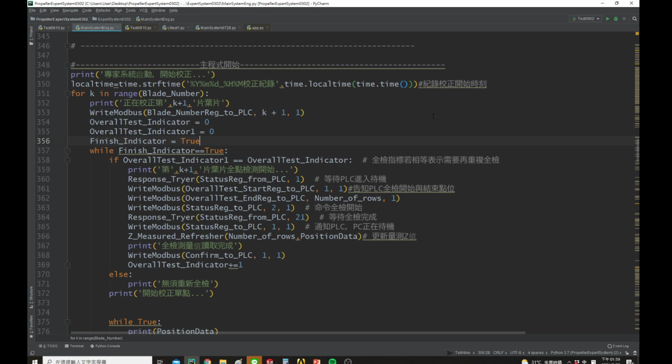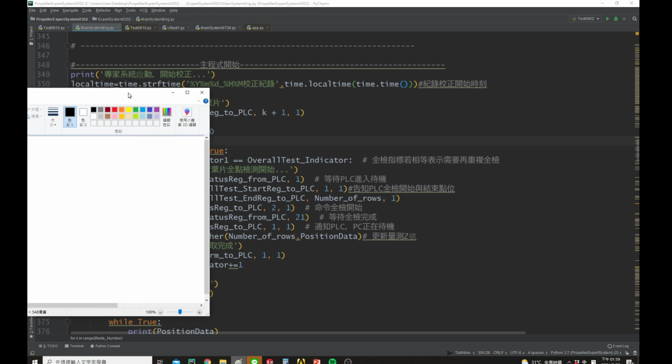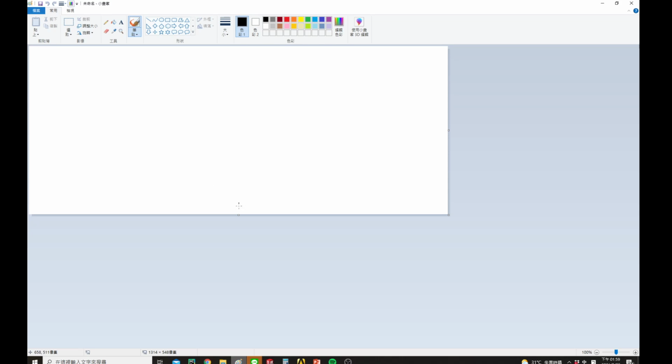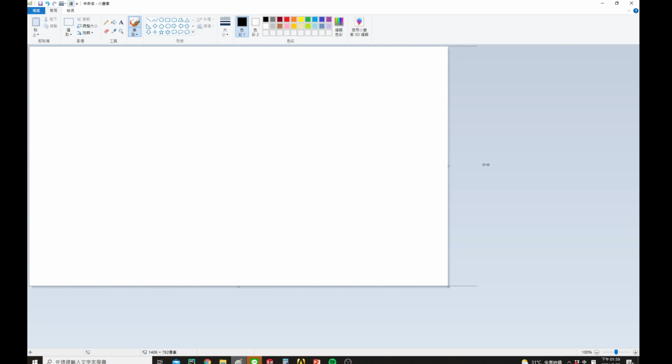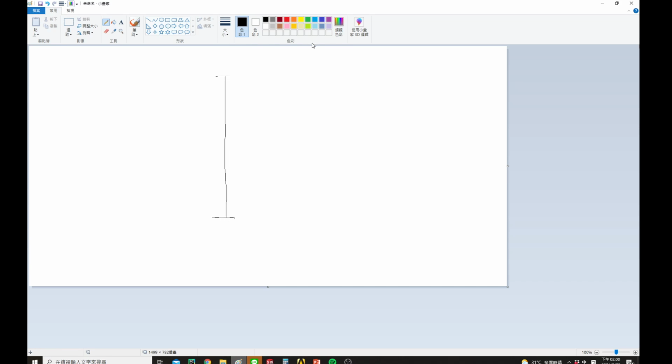The idea is that here is the first loop, right? In the beginning we do an overall test here. Then we check if the points need to be tuned.